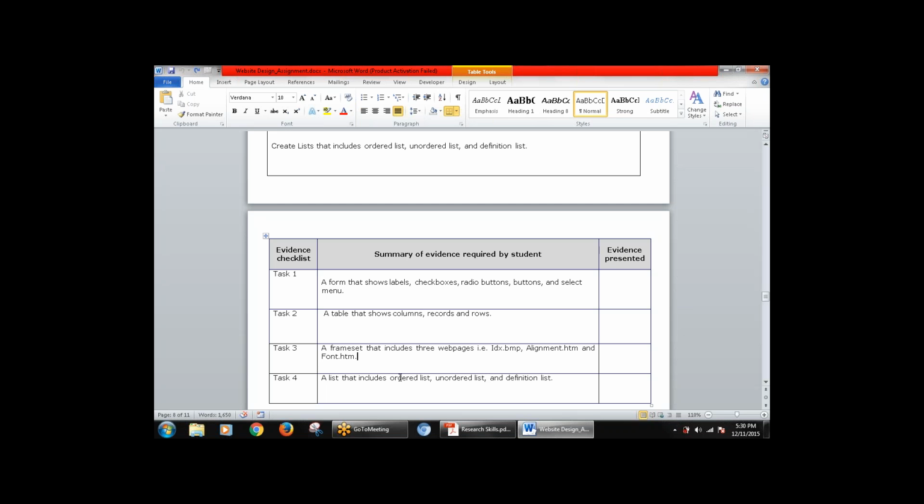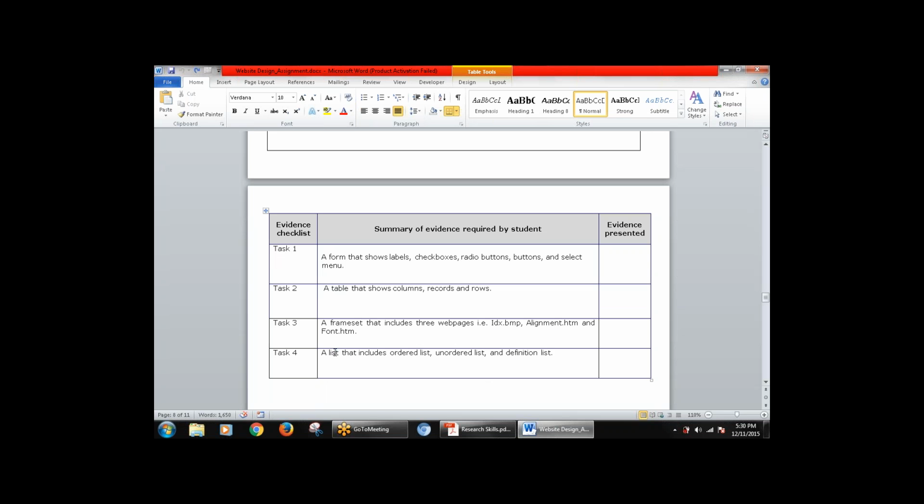So you have to use this one. Then task number 4, a list that includes the ordered list, unordered list and the definition list. So there are 4 tasks available with this one, that is task number 1, task number 2, task number 3 and task number 4.